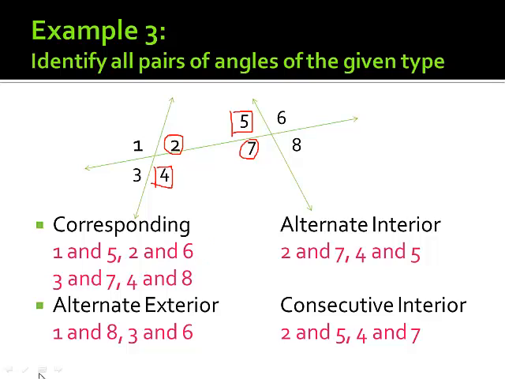Alternate exterior, remember, is on opposite sides of the transversal and lying on the exterior. Okay, consecutive interior: we have 2 and angle 5, and then we have angle 4 and angle 7. They're right next to each other, and they're on the interior.